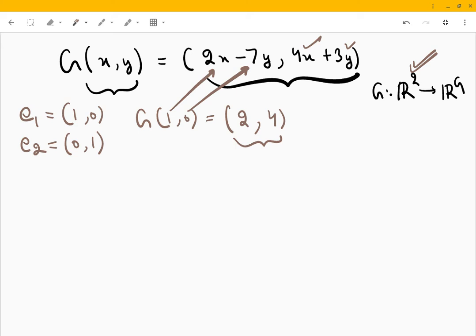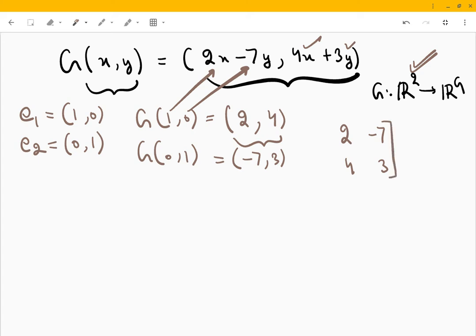Now, similarly, you can find G of 0, 1, which will be negative 7 and 3, right? So this means that 2, 4, negative 7, 3.